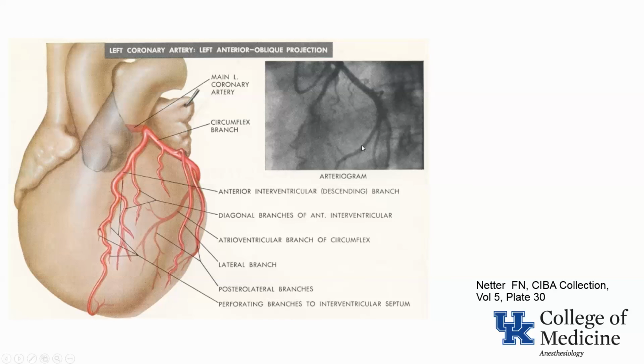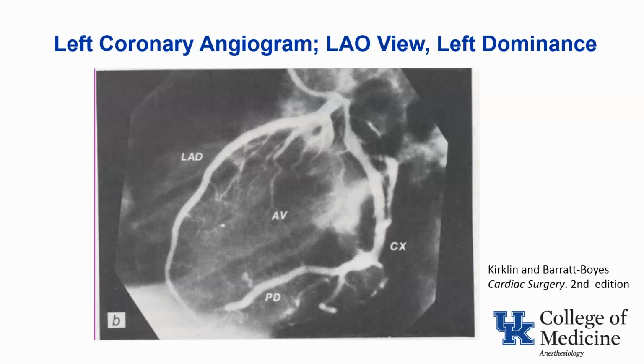This is another left coronary angio in the LAO view, showing the left main, the origin of the left circumflex running in the AV groove.